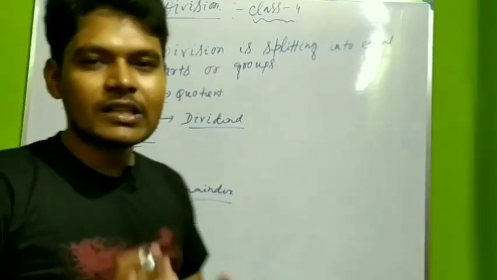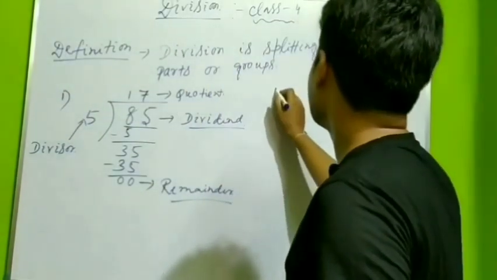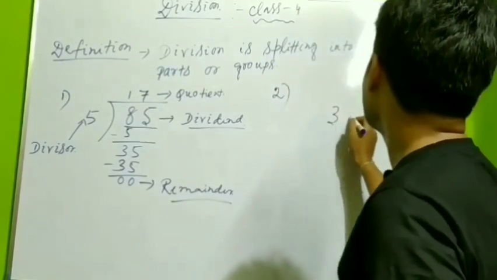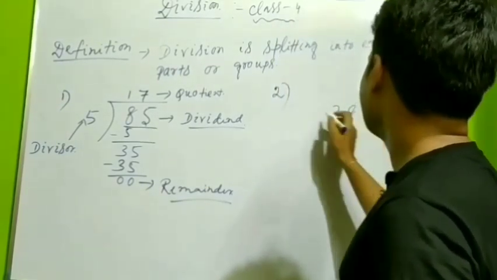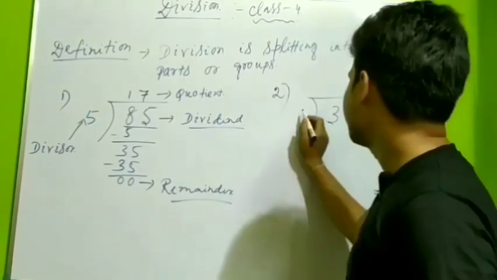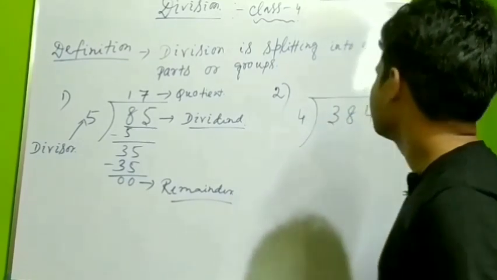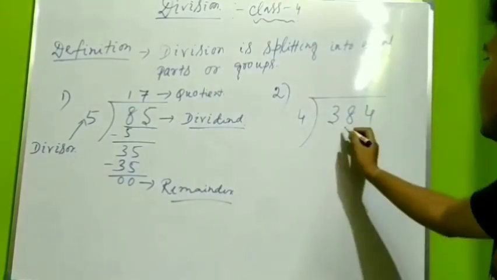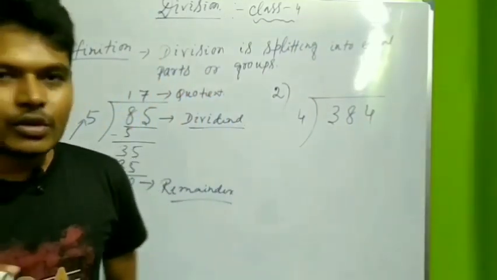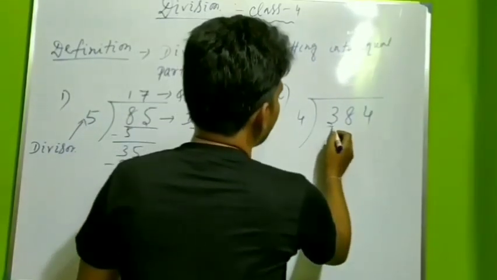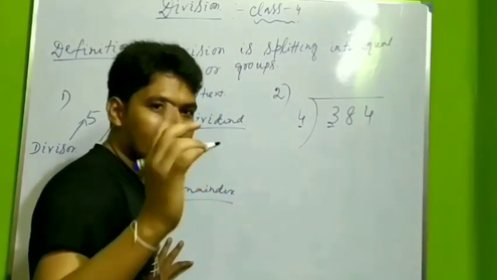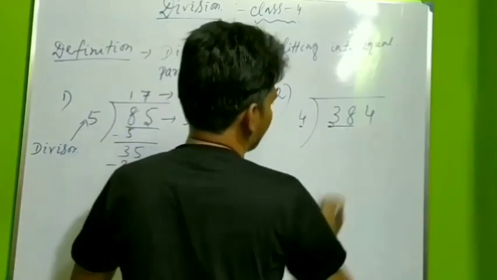Now let's see one more example. The dividend is 384 and we want to divide this by 4. Then how do we divide? The dividend is 384, the divisor is 4. 3 is smaller than 4, so here we have to take 2 digits, that means 38.